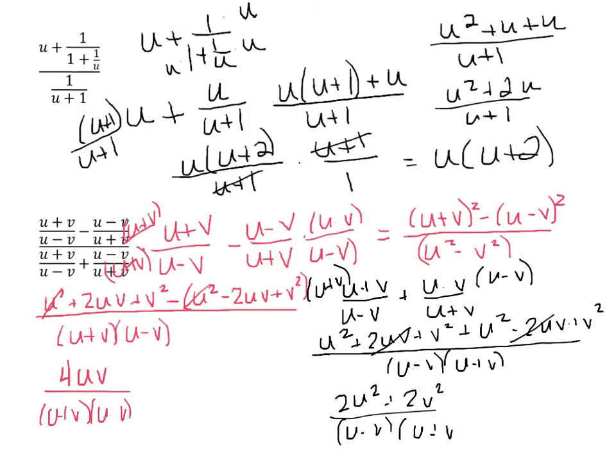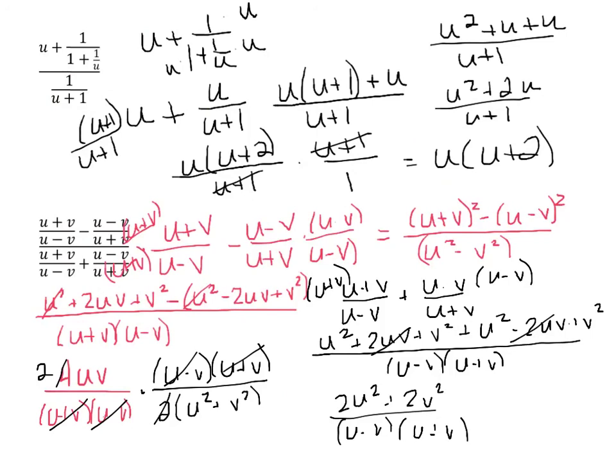And we can factor out a 2 if we need to, although I don't think it will make any difference. Nope, it won't. So we copy dot flip. These cancel. This cancels. And we are left with, I'm going to write it in blue, 2uv over u squared plus v squared. There's that answer.